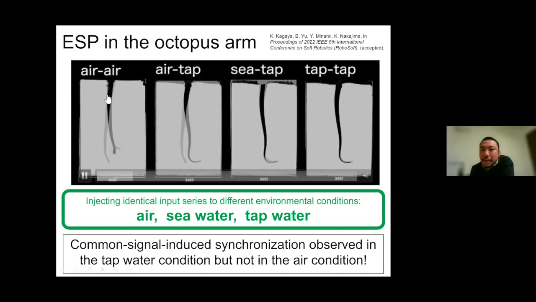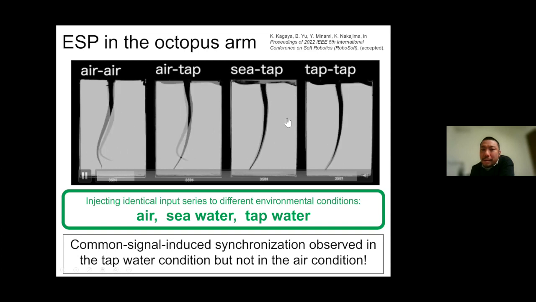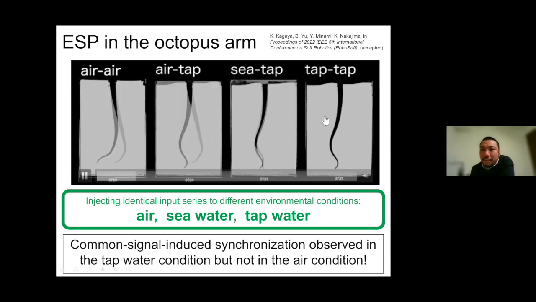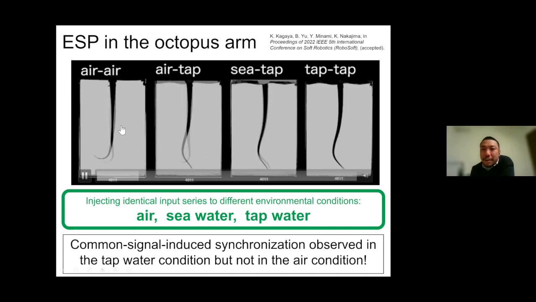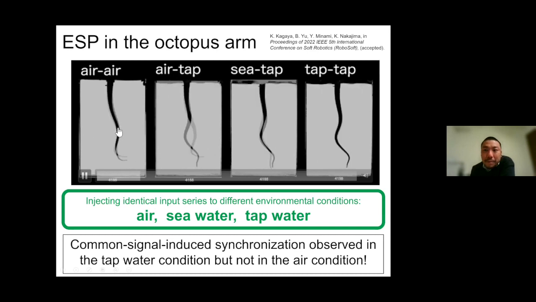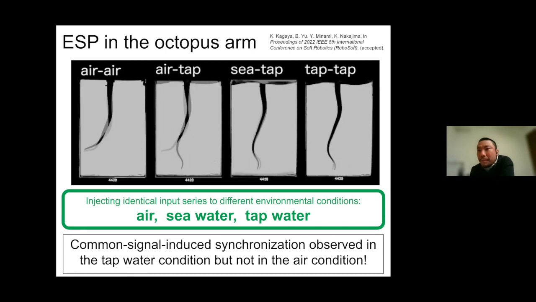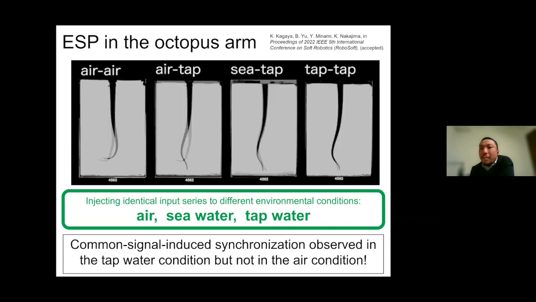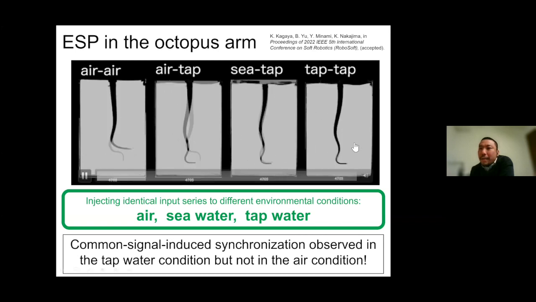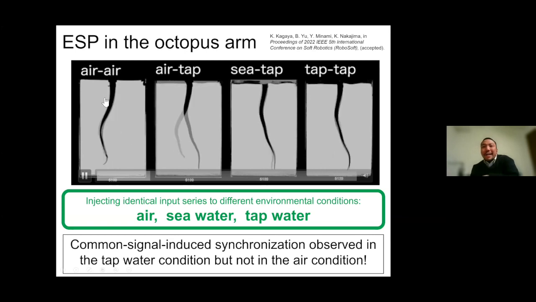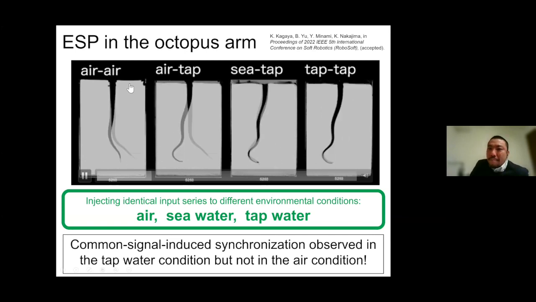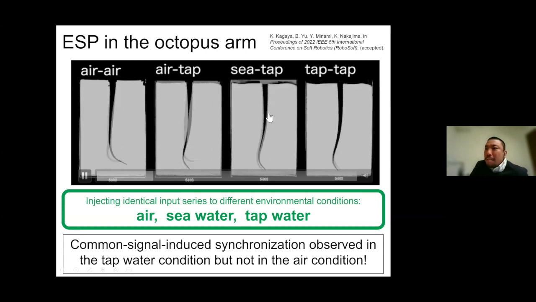But in the condition of air, where we replace this water medium and just vibrate the motor in the air, as you can see, there's no reproducibility. So we show that our octopus arm can implement computation only in the condition of water and seawater. If you vibrate our octopus arm in the air condition, it cannot implement reservoir computing. So environmental condition was also important.